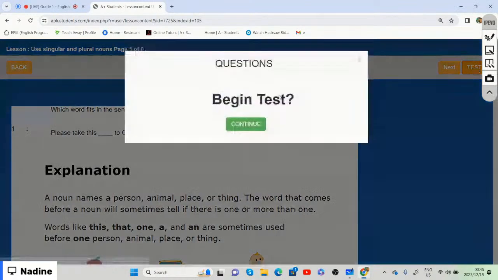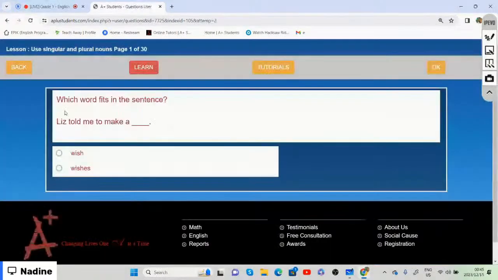All right, let's quickly go to our test. So which word fits in the sentence? Liz told me to make a wish or to make a wishes.